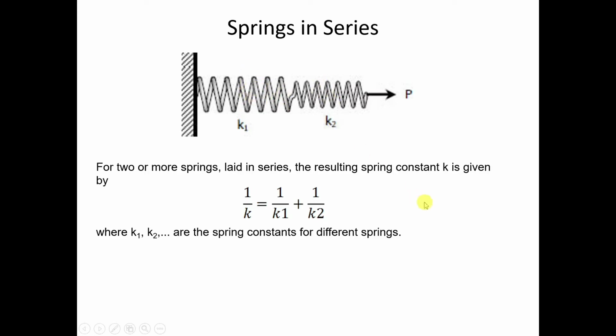And for this case, the total deformation del will be given by del 1 plus del 2, where del 1 is the deformation of spring number 1 and del 2 is the deformation of spring number 2.